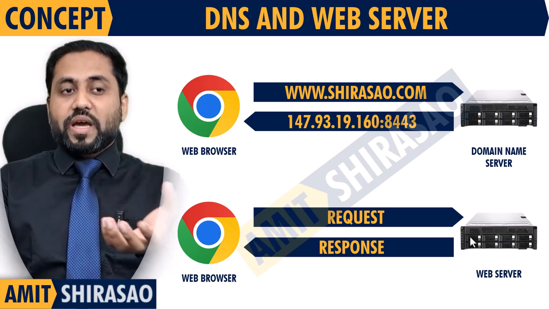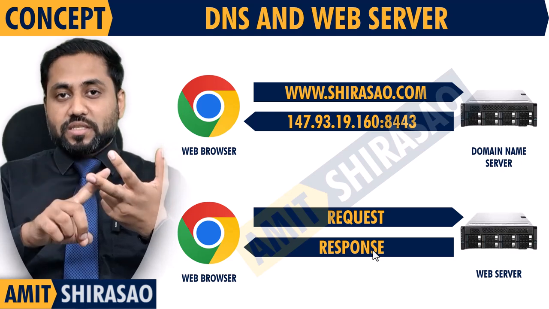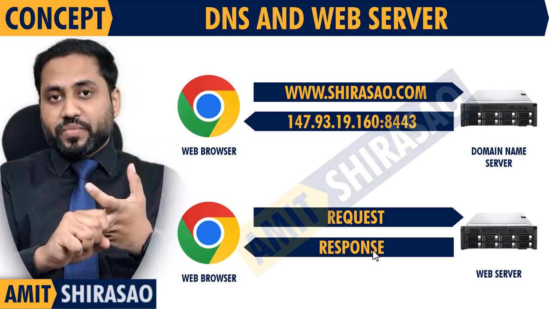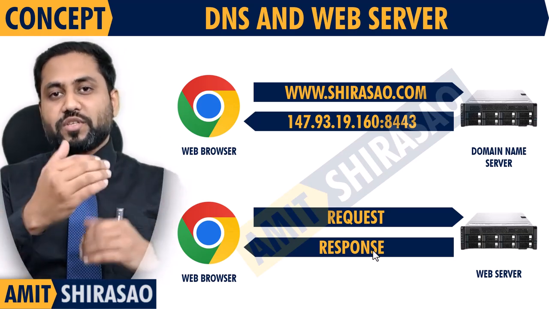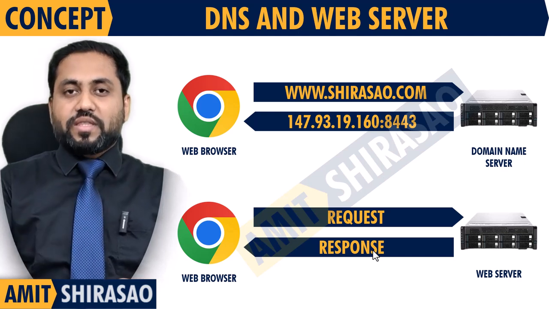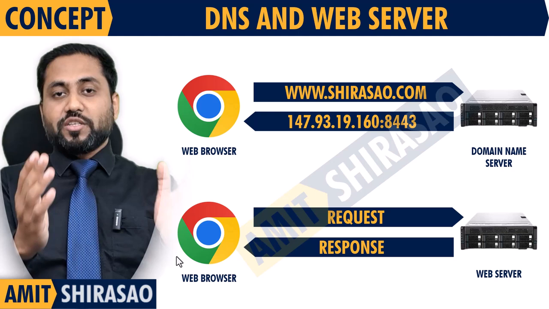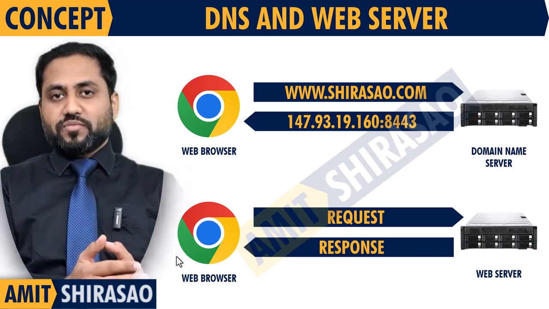That is a request, and in response you get HTML, JavaScript and CSS, because the browser understands only HTML, JavaScript and CSS. A package will be sent with HTML, JavaScript, CSS, and that will allow your browser to show you that page on the graphical user interface, that is GUI, and this is how you basically serve the internet.